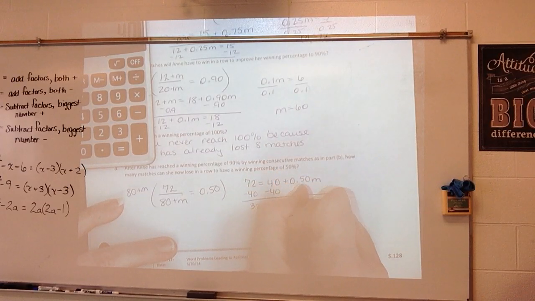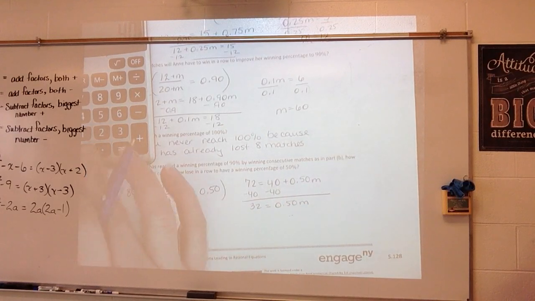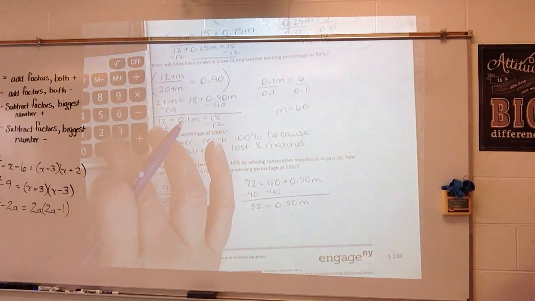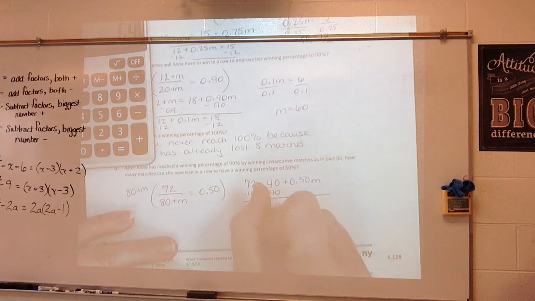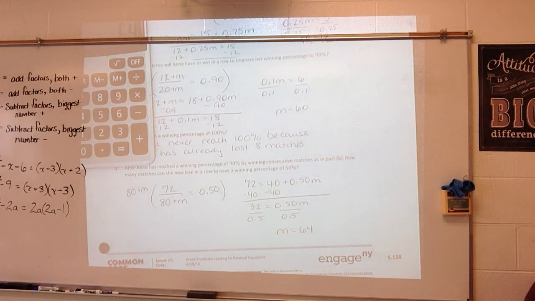So I get 32 is equal to 50 hundredths M. 32 divided by 50 hundredths, M would have to be 64. So she can lose 64 matches in a row, and that will drop her to 50% winning.